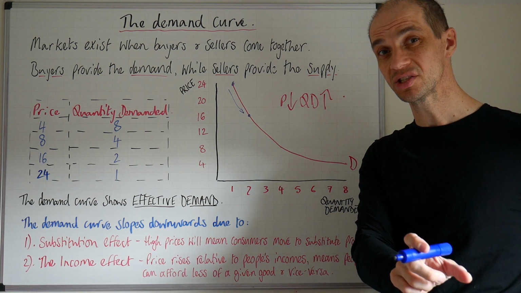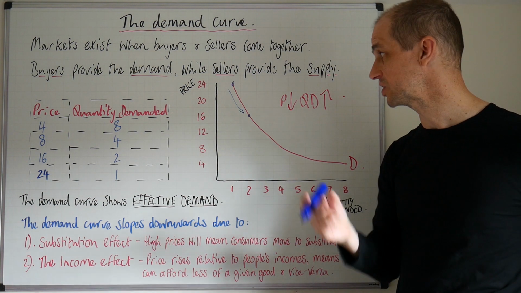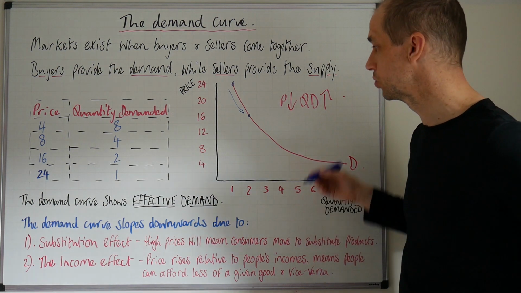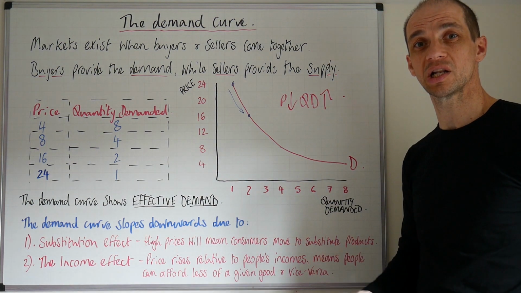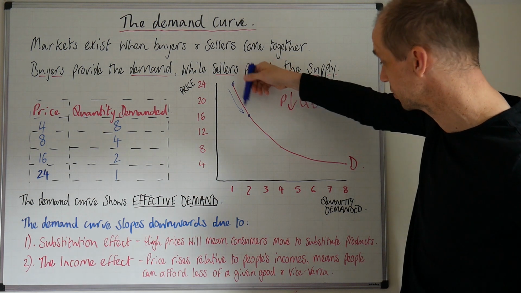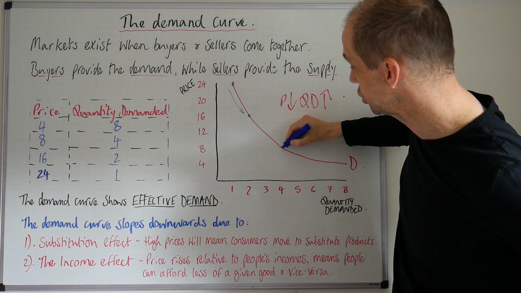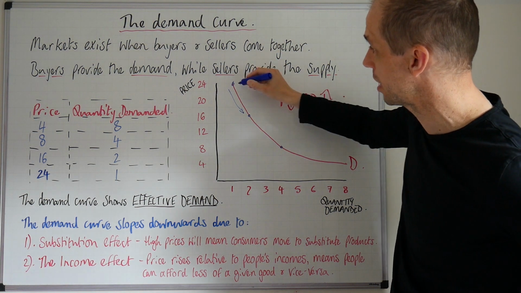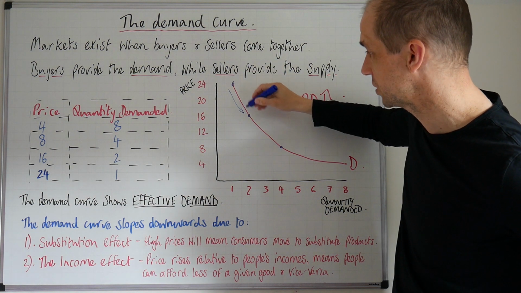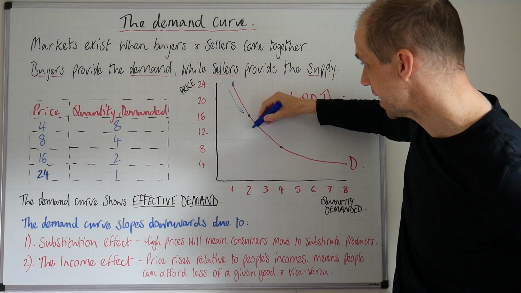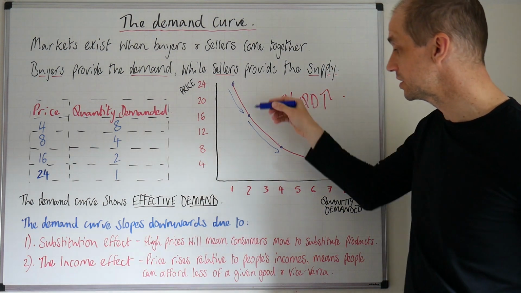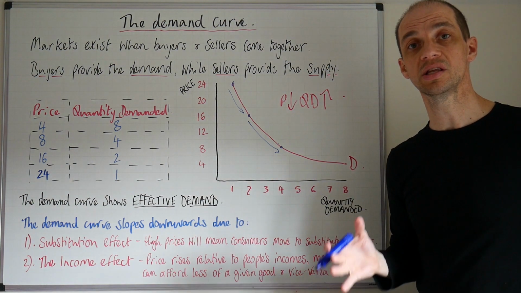We see this all the time when it comes to sales in high street stores, that they just reduce the price level. As they reduce the price level, you can see the quantity demanded changes. If they further change their price level from 16 down through to 8, we can see there is going to be another increase in quantity demanded.